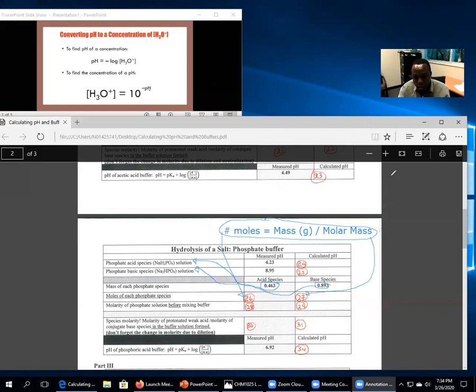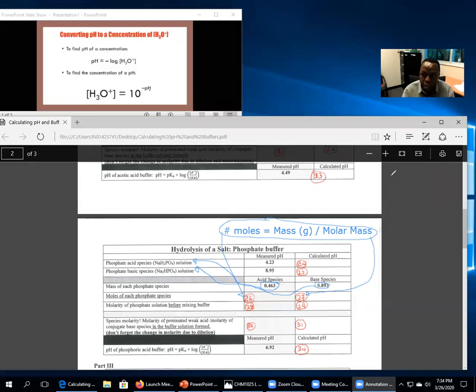Before mixing, we need to find the molarity of each one of them. It is assumed that you dissolve in a certain volume. Remember, molarity is number of moles over volume in liters. You are preparing from a powder, so you have separate masses of each one of them. The solutions were prepared in different beakers.